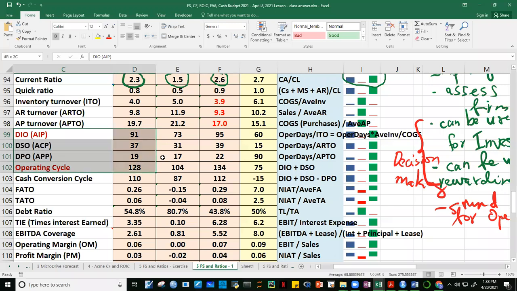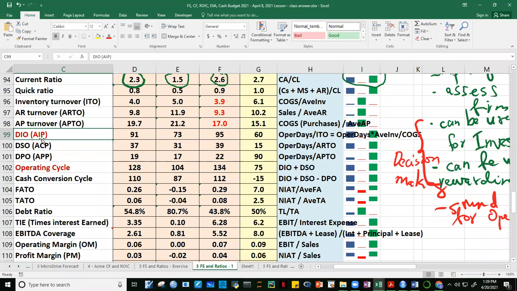Itong DIO, DSO, or DPO, aka AIP, ACP, APP. Okay. Ano naman to, guys? Kung yung inventory turnover, it measures how many times. The DIO measures how many days. Okay. So pareho lang yung concept yan, pero iba yung minemeasure nila. Yung ITO, number of times, yung DIO, ilang days. So this is your days inventory outstanding, okay?